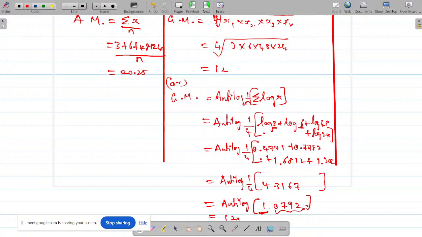Take it as 12. See here also you got 12 and here also you're getting 12. You have to get 12. If you're not getting 12, it's slightly decimal. See, I found the value as 11.94. You can find it as 11.94 in the single material. So somewhat closer to 12 is fine.